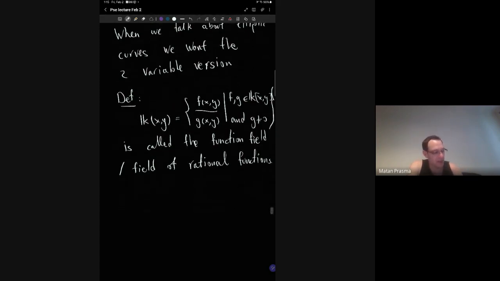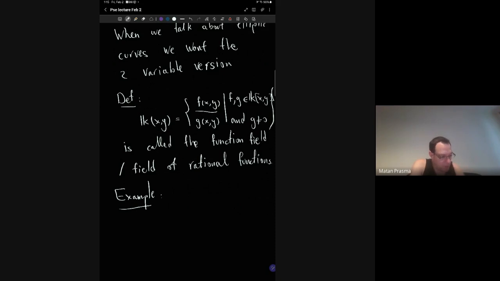Well, if we have an elliptic curve over K and a rational point, I mean a point on E(K), then we defined the doubling of the point.